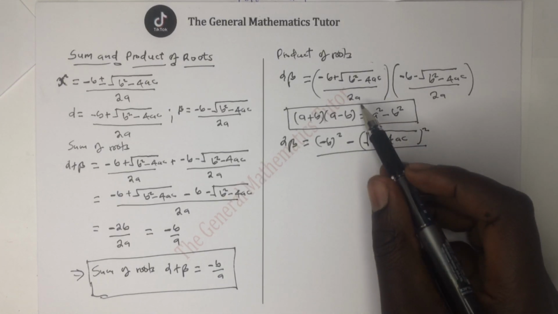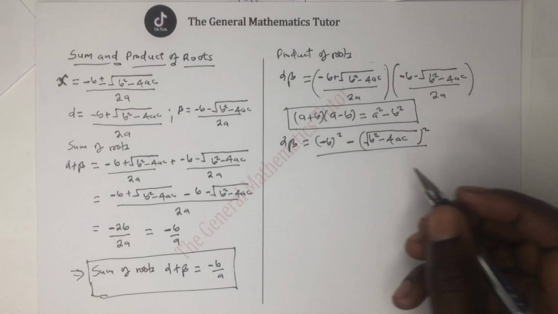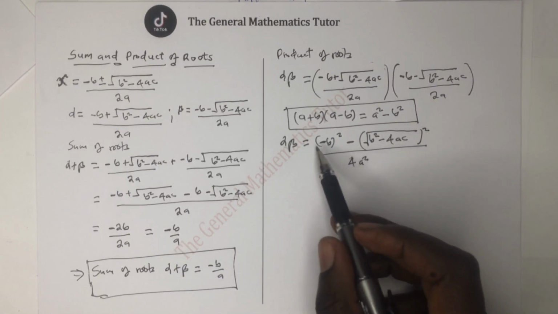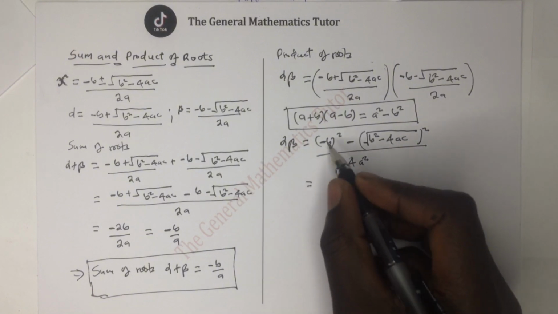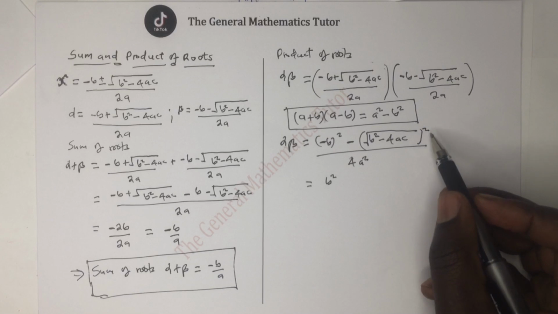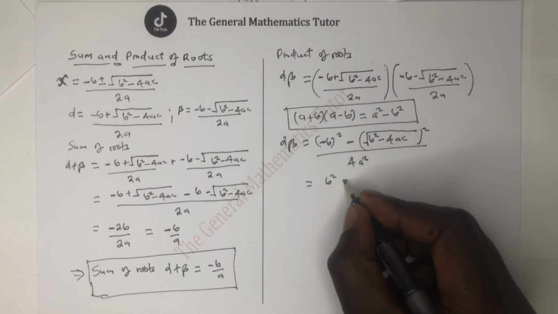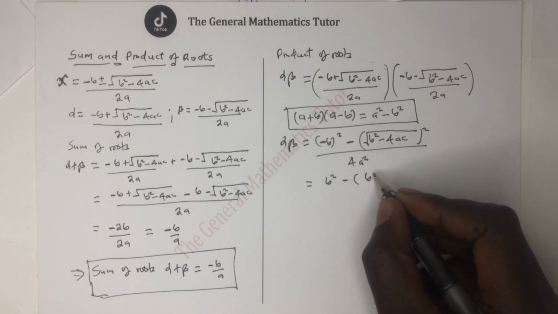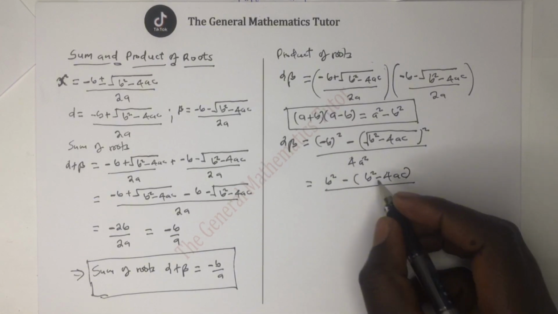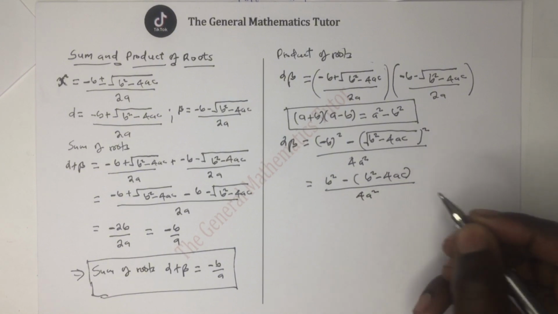The denominators are the same, so 2a times 2a gives 4a squared. Let us simplify the numerator. Minus b squared is just b squared, then the square will cancel the root sign, so we have minus, in brackets, b squared minus 4ac, over 4a squared.